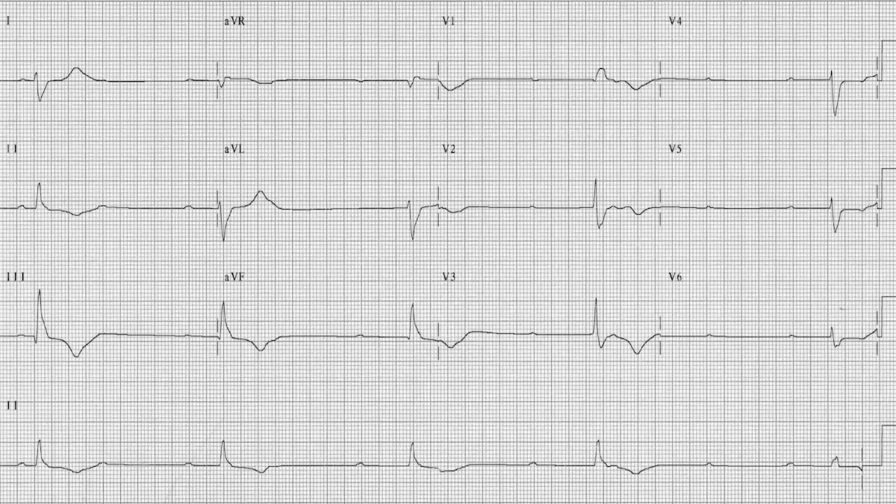So there are three things: right axis deviation, heart block, and this slurred S wave. So it is a trifascicular block. Okay, so it is a complete heart block. Such a patient, we need to put in transcutaneous pacing.